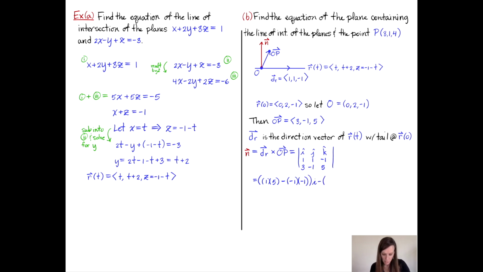For j, we would have 1 times 5 minus 3 times negative 1, plus, for our k component, 1 times negative 1 minus 3 times 1.